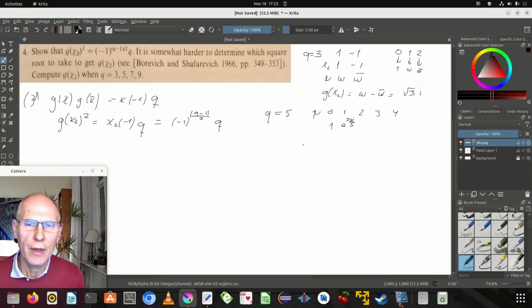For chi2, we need a generator of order 4.